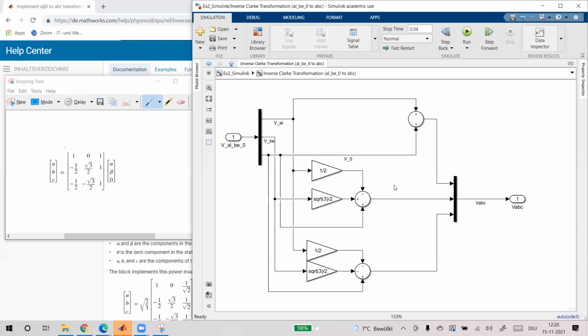What? It works? Okay, cool. So whenever you want to see some results together, it's always a good idea to use Mux.